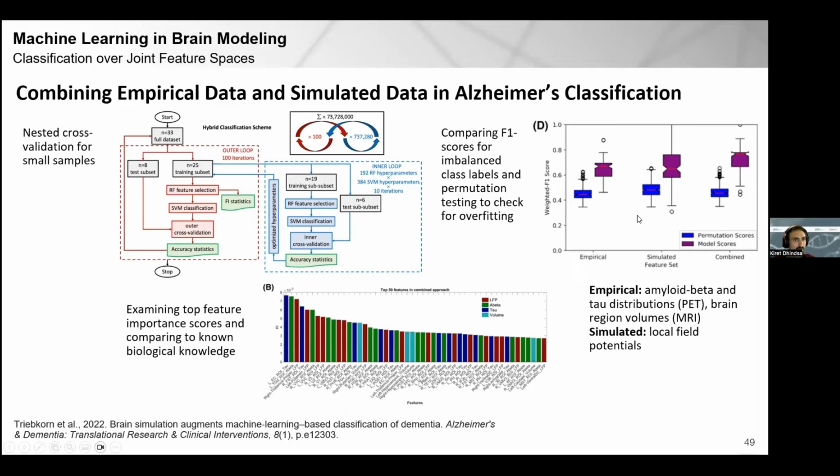And to check how much overfitting we are risking, or whether this is just related to the fact that there are more features, we could run this entire cross-validation loop again for each of these different cases, but by randomly permuting the class labels.